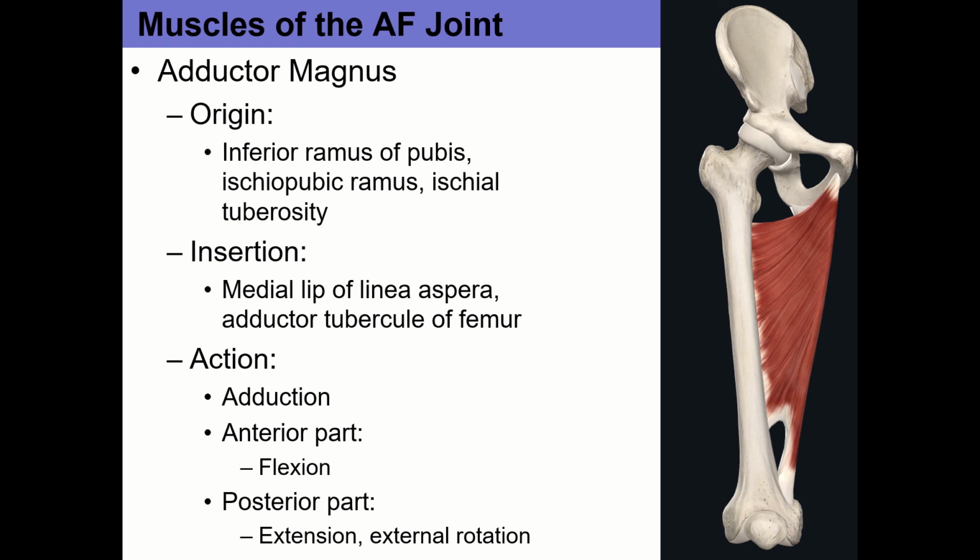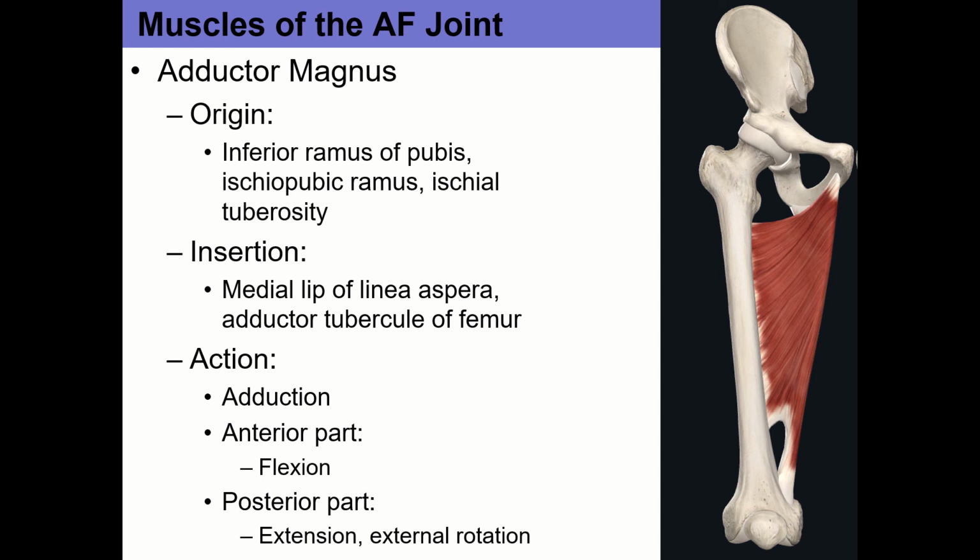So your adductor muscles are more colloquially known as your groin muscles, because hip adduction is bringing your leg together, bringing your legs toward the midline, right? So your groin muscles, the largest of them is adductor magnus. Magnus means the great one, so it tells you what it does. It's an adductor, and it tells you that's the largest of them. So as it's the largest, it also has the largest origin.